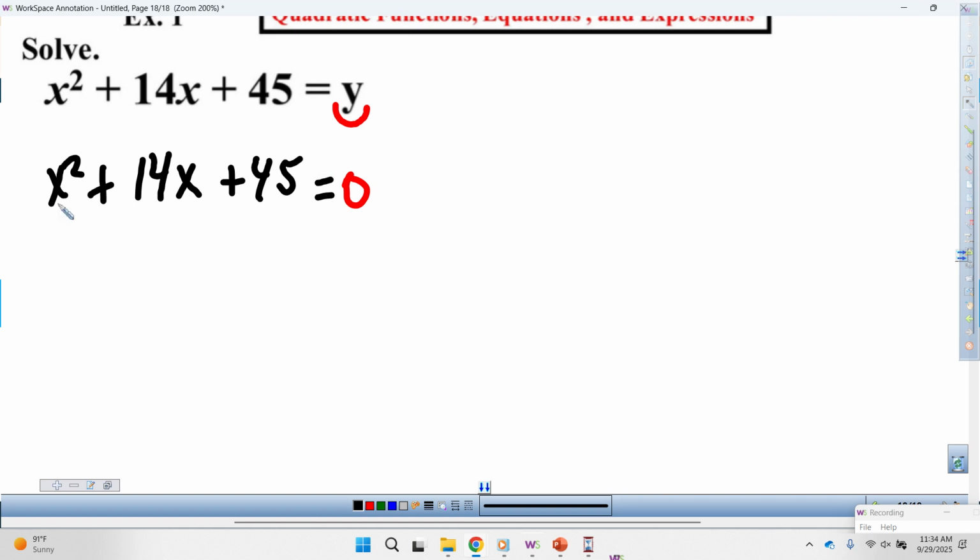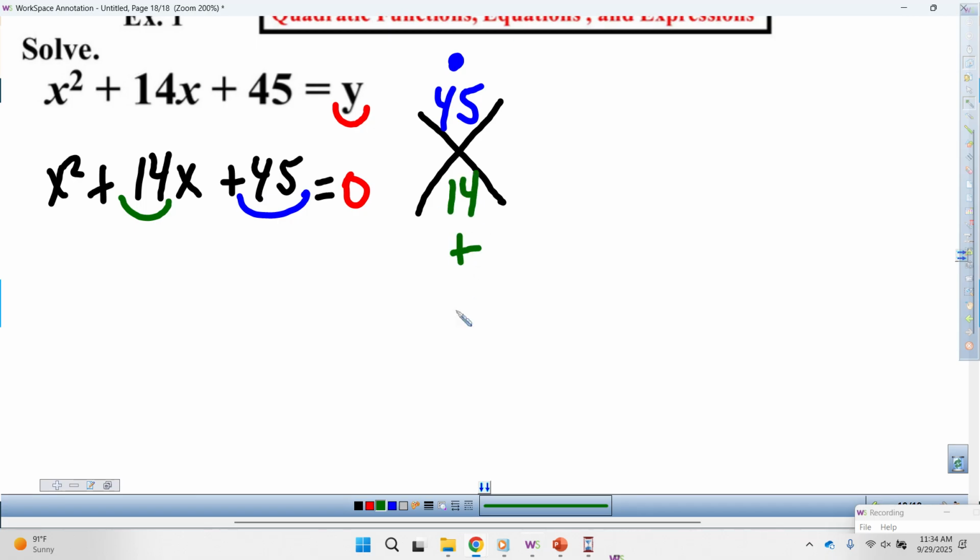Next, we need to factor whatever's left. So, what number goes on top? One number goes on top, 45, that is correct. One number goes underneath, 14. So, what two numbers multiplied give me 45 that when you add them give us 14?